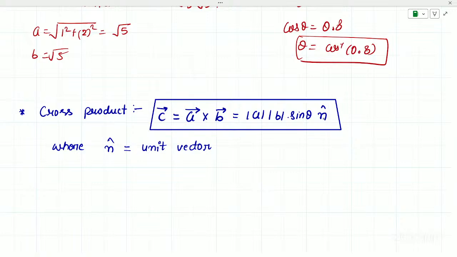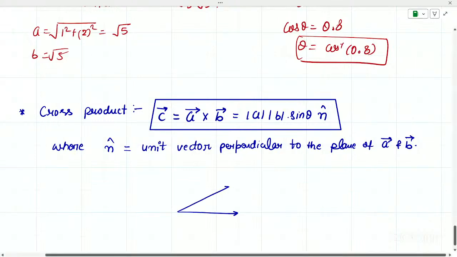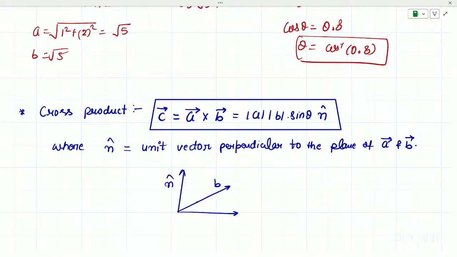The direction is given by this unit vector, which is nothing but the unit vector perpendicular to the plane of A vector and B vector. Now, what does it mean? Suppose A vector and B vector are in the same plane. So, n cap will be perpendicular to these two. Perpendicular to this, perpendicular to this. This is the meaning of it.